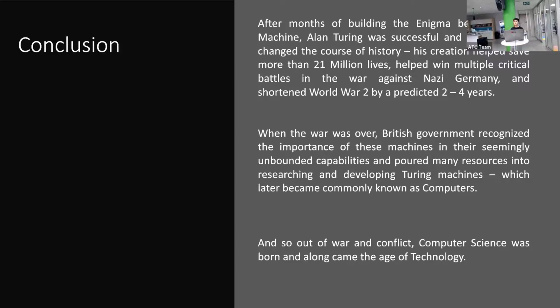When the war was over, the British government recognized the power of Turing machines, and they invested a lot of resources, time and people into investigating Turing machines, and they later became known as general purpose computers. And so out of war and conflict, computer science was born, and along came the age of technology.